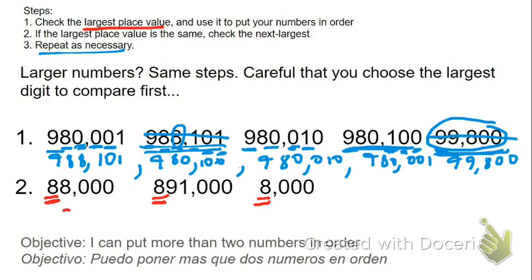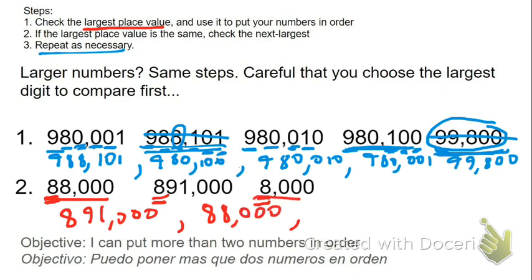If my number has 100 thousands, it's got 800,000, that's way bigger than a number that doesn't. And if I have a number that has 10 thousands, like 88,000, that's way bigger than a number that doesn't, like 8,000. All right. So if you ever end up with a list of numbers where the number of digits is different, you can tell the number with a smaller number of digits is going to be a lot smaller than its friends.